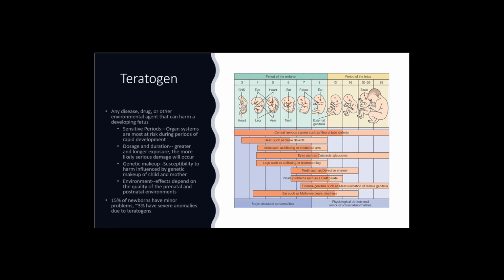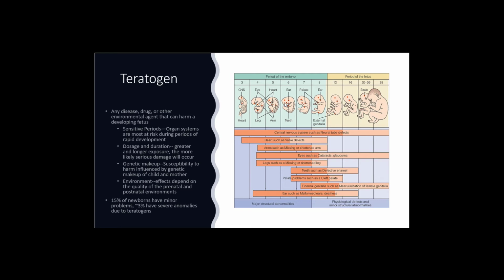So if a stressor occurs during, again, that fourth week, where I'm just making up that eyes are developing, then a child with a genetic susceptibility to eye problems is more at risk of that environment negatively impacting their eye development, as opposed to a child who does not have the genetic susceptibility towards blindness.